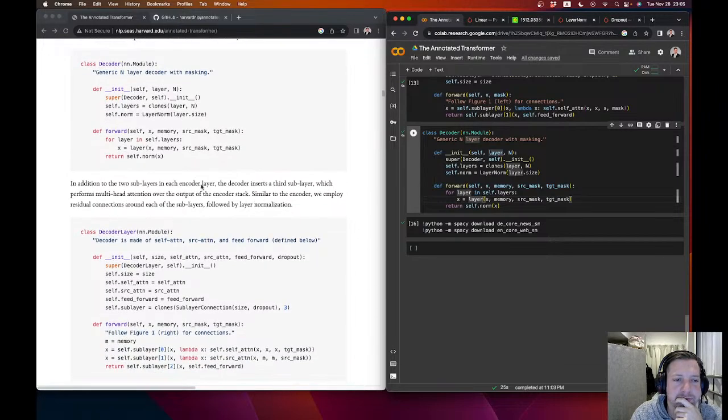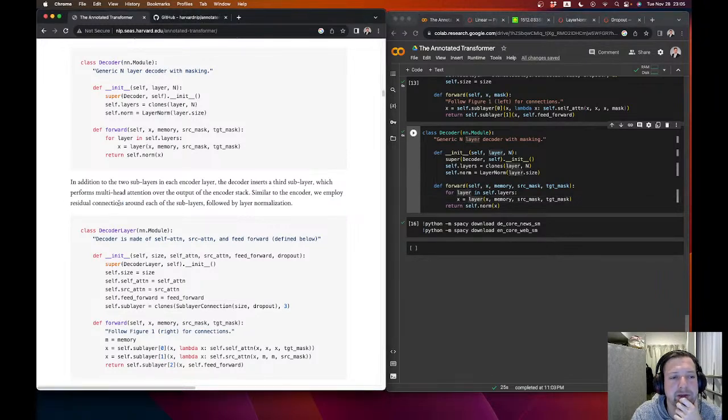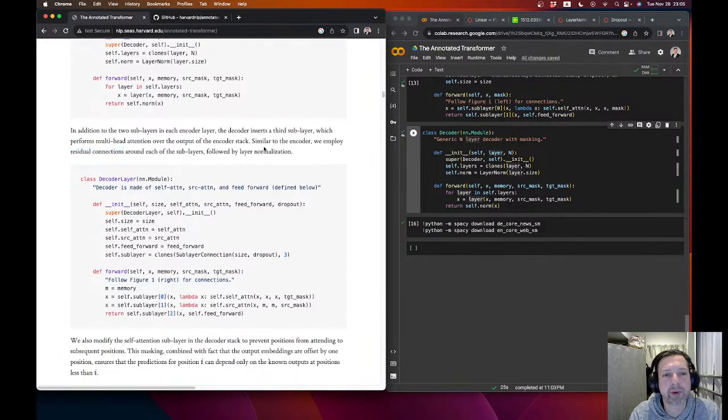In addition to the 2 sublayers in each encoder layer, the decoder inserts a third sublayer, which performs multi-head attention over the output of the encoder stack. Similar to the encoder, we employ residual connections around each of the sublayers. Well, I guess residual connections is the term they use rather than shortcut, followed by layer normalization.